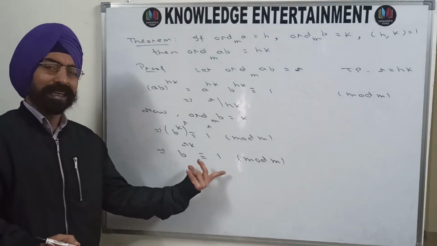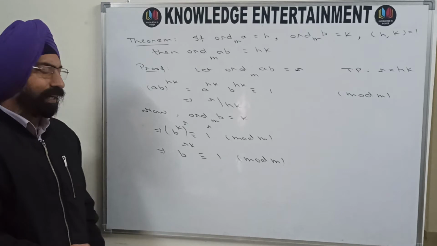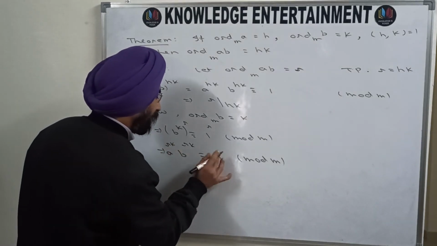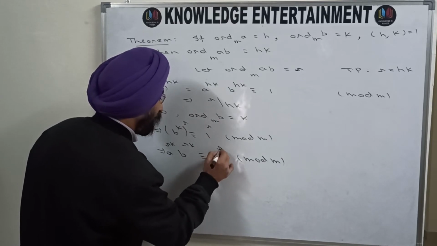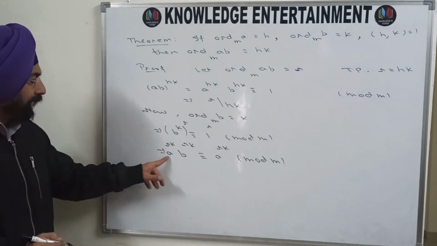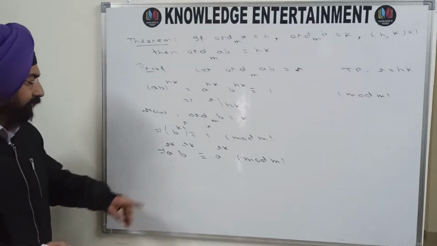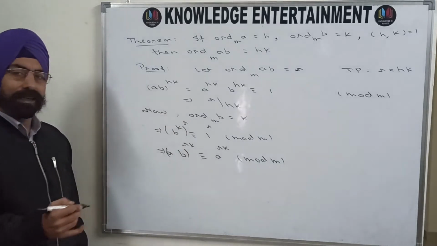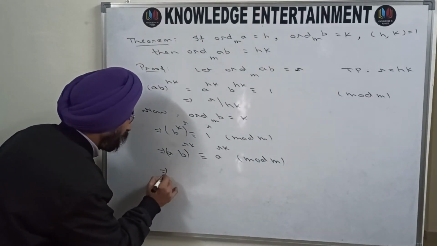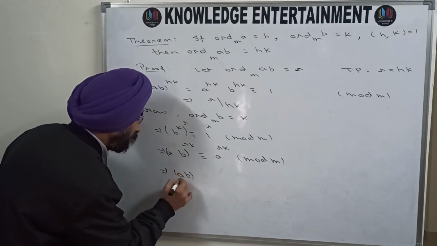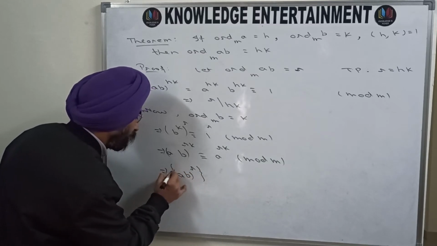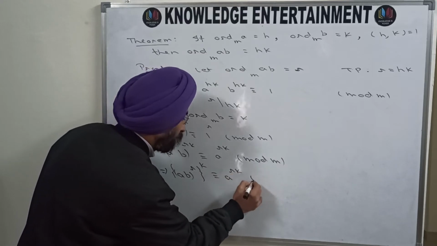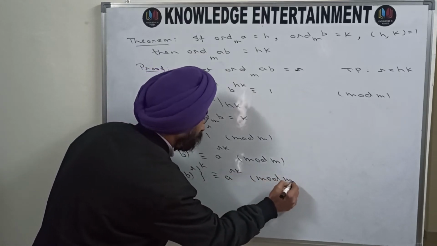Multiply both sides of this congruence equation by a^rk. So a^rk on the left-hand side, and on the right-hand side 1 times a^rk is a^rk. a^rk times b^rk, so you can write (ab)^rk. (ab)^rk can further be written as ((ab)^r)^k, which is congruent to a^rk modulo m.